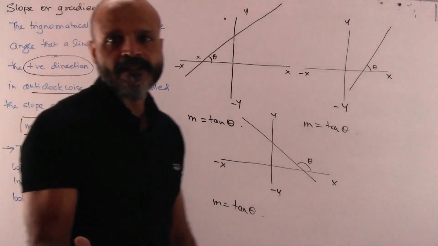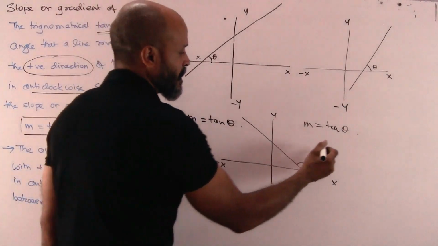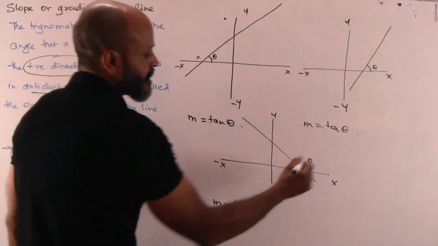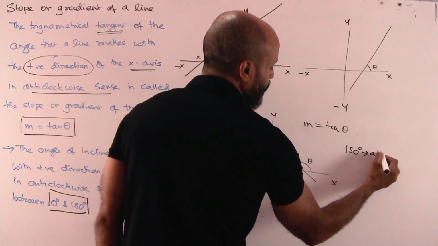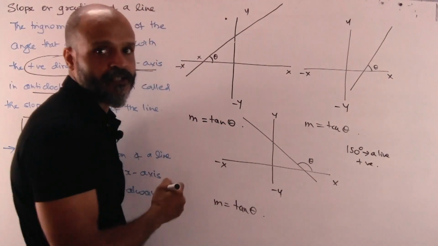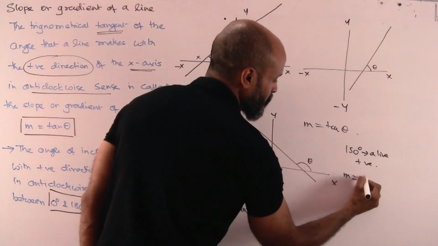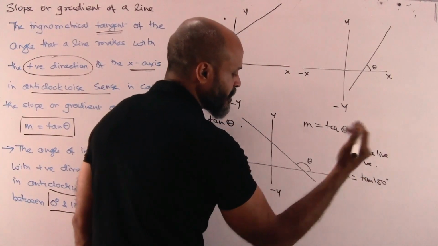So, let us take a couple of examples from NCERT itself. We are supposed to calculate, let us say there is an angle of 150 degrees that a line makes with the positive direction of x axis. So, what will be the slope of this line? Obviously, m is equal to tan 150, and tan 150 we can calculate in many ways.